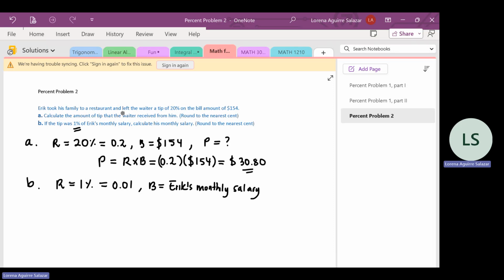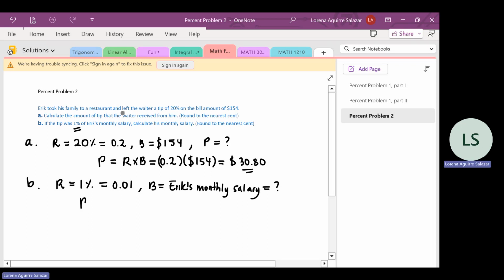Usually, what comes after the word of is the whole, the base. And we don't know what that base is, but we know that the tip the waiter received from Eric was 1% of Eric's monthly salary.